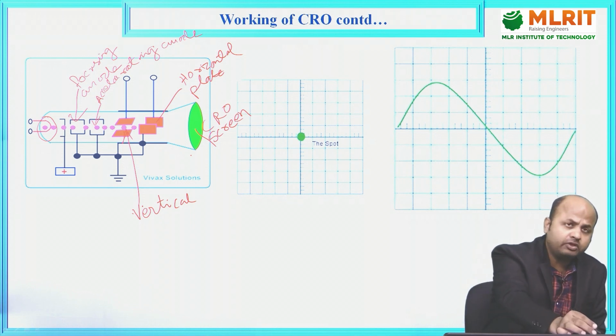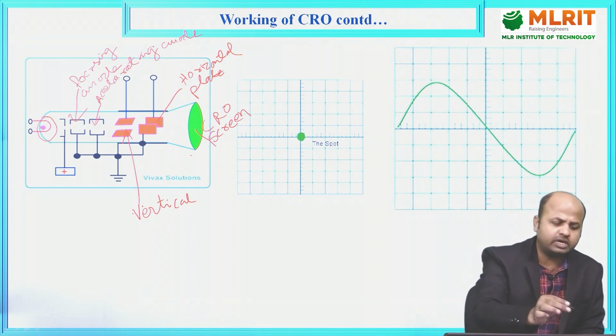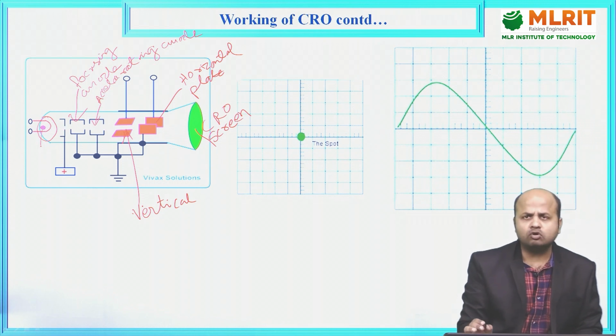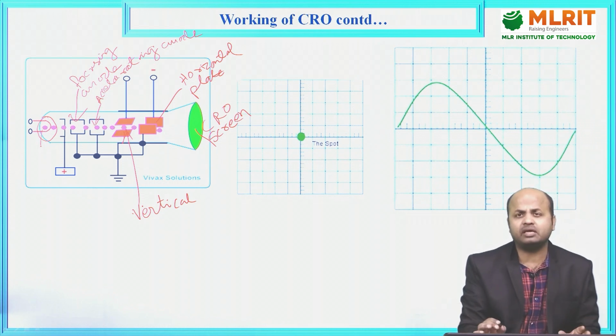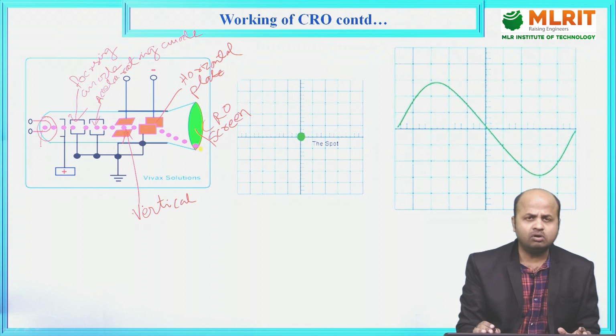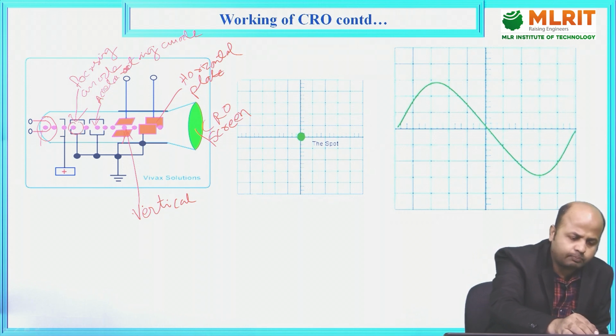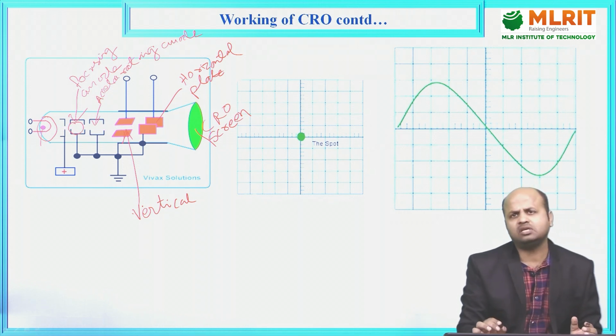So what is the use of the focusing anode? As we know, when the electron gun ejects the electrons, they are scattered randomly in every direction. So the focusing anode tries to converge all the electron beam to a particular point. That is the role of the focusing anode.